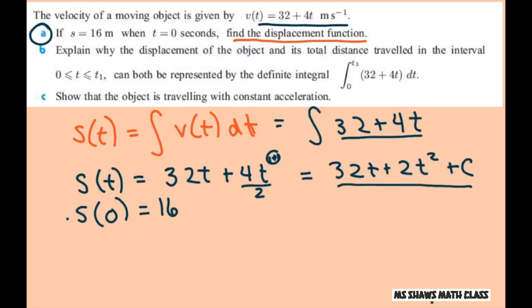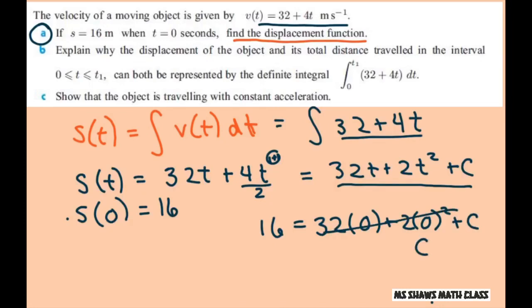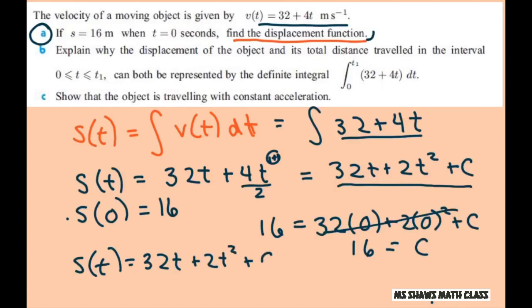So we're going to set this 16 equals 32 times 0 plus 2 times 0 squared plus c. That goes away. Therefore, c is 16. So your displacement function is s of t equals 32t plus 2t squared plus 16.